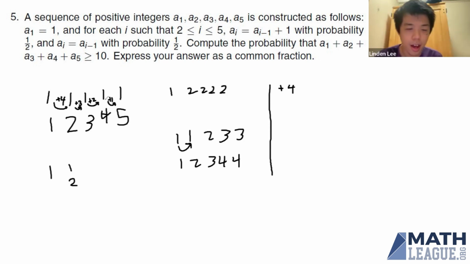So the probability that at least one of these occurs is the probability that they're not all plus zeros, and that happens with probability 1 minus 1/2 cubed, because the probability that each of these is a plus 0 is 1/2, and all of them are independent. So in the case that this plus 4 takes effect, the probability that our sum is greater than or equal to 10 is 7/8.